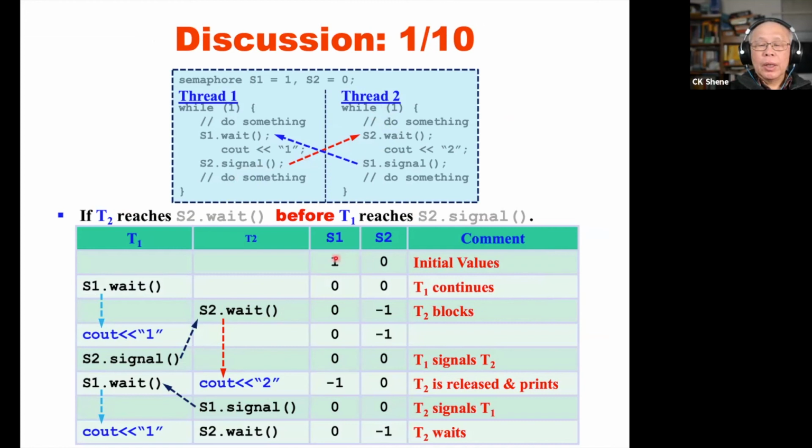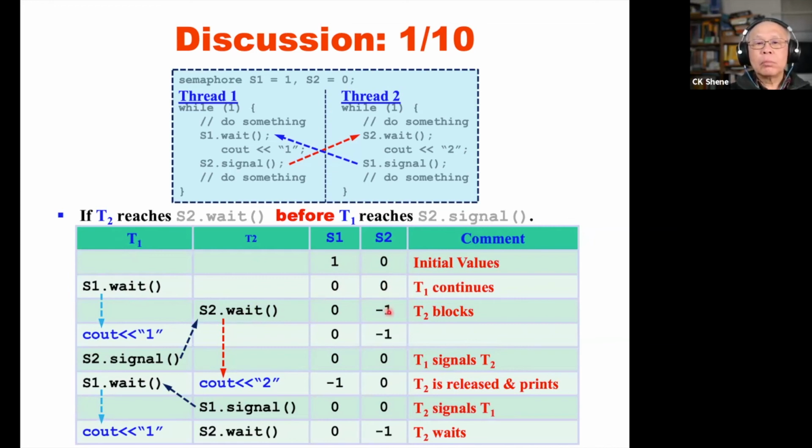So the initial values for S1 and S2 are 1 and 0 respectively. T1 executes S1 dot wait and T2 executes S2 dot wait. This S1 dot wait reduces the value of S1 from 1 to 0. This S2 dot wait reduces the value of S2 to -1.